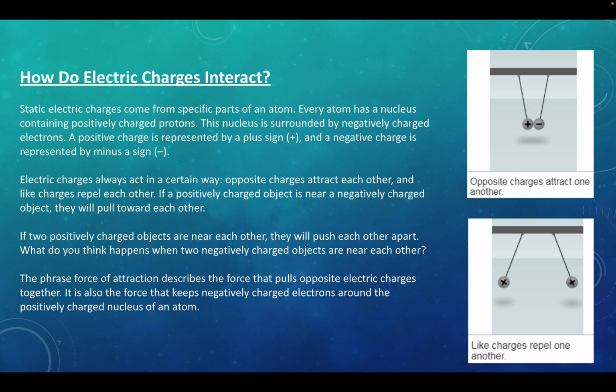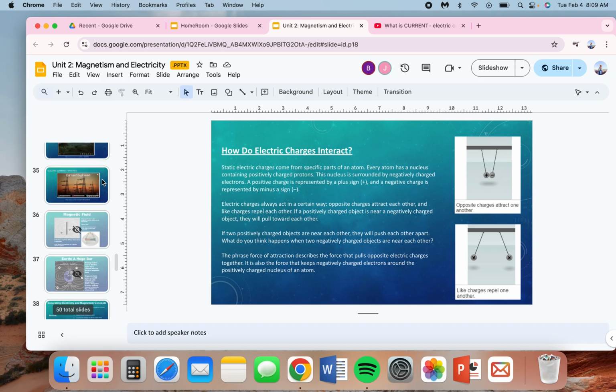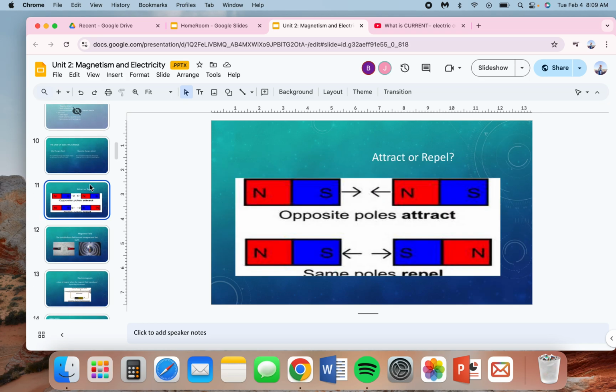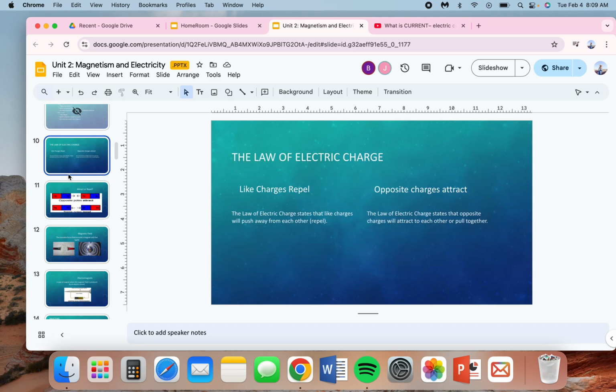How do electric charges interact? So this is going to look very similar to a slide I showed you yesterday on magnetism. Here are magnets attracting. But if you wrote it down, that is the law of electric charge.